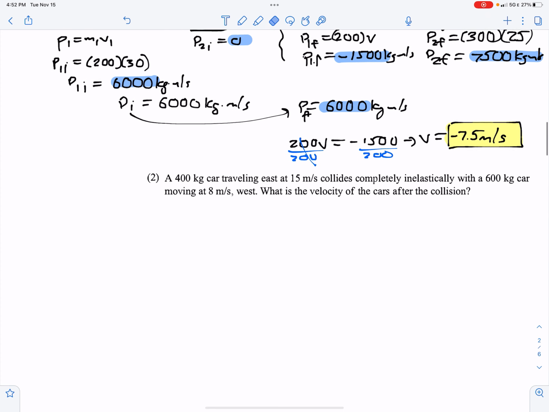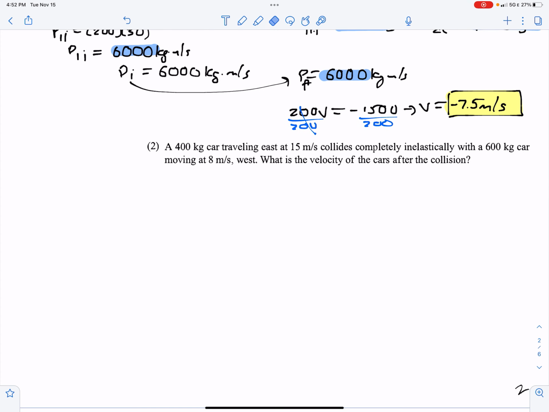Okay, question 2. A 400 kilogram car traveling east at 15 meters per second. Okay, let's go ahead and draw that. So this is before. So we have a 400 kilogram car moving at 15 meters per second.